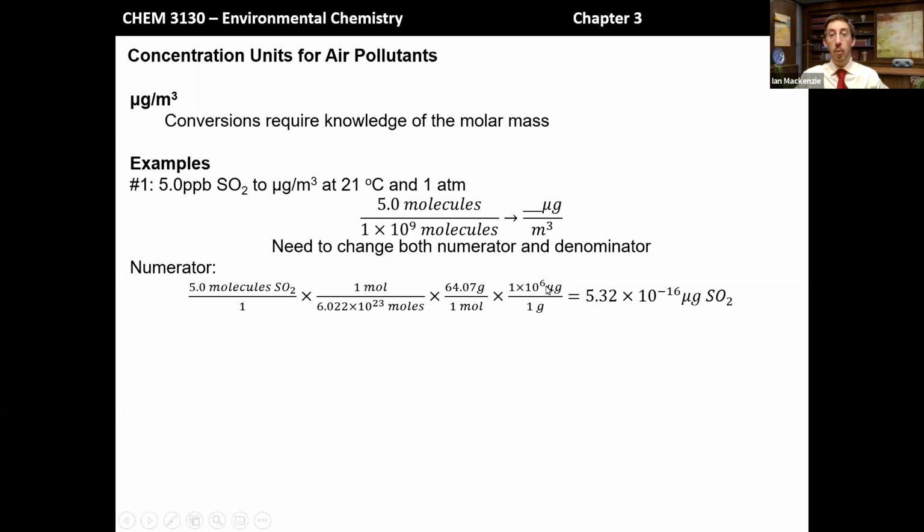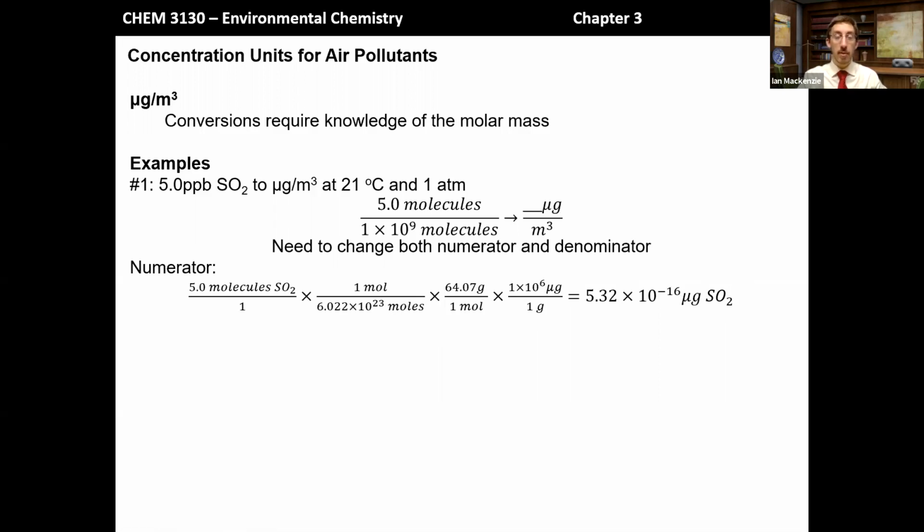There's 1 million micrograms in a gram. Set all of that up in order to cancel out my units here. And I apologize, the 6.022 times 10 to the 23rd should be molecules, not moles. And that will cancel and result with 5.32 times 10 to the minus 16 micrograms of SO2. So we've got an extraordinarily small mass unit here.